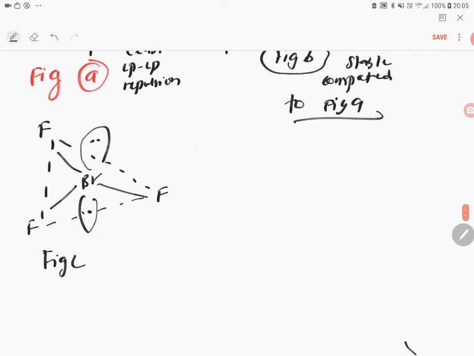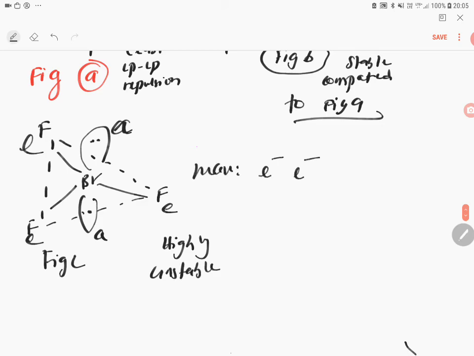Now in figure C, the two lone pairs are in the axial positions. My god, this is really unstable, highly unstable, with three fluorines in the equatorial. Why highly unstable? Maximum electron repulsion. This makes it unstable.